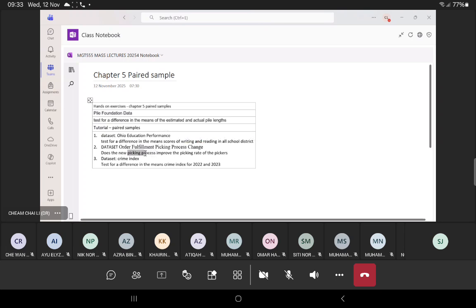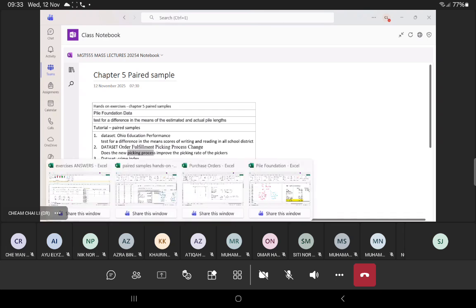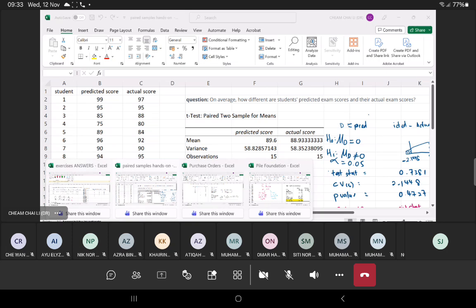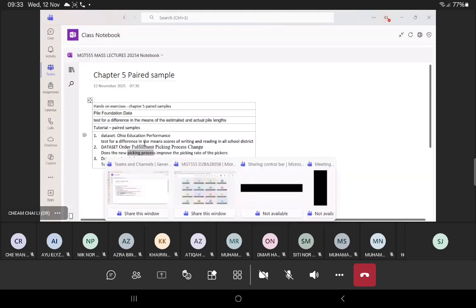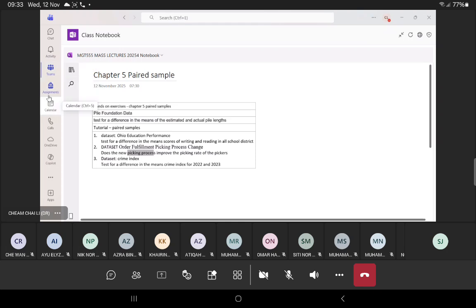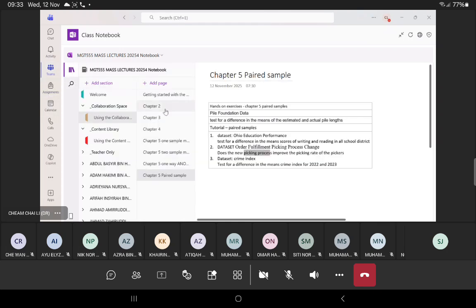So you're gonna depend on how you define your d, and then the crime rate tests for a difference in the mean crime index for 2022 and 2023. And satu lagi saya nak you all check kan, do you have this ada tak PET sample, right? You have this PET sample. So maybe we need to check. So I have set 1, set 2, set 3.